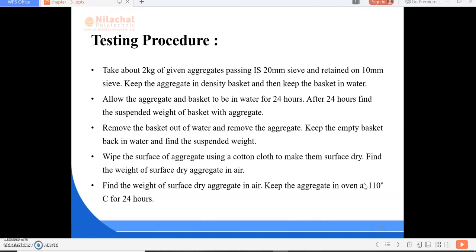Remove the basket out of water and remove the aggregate. Keep the empty basket back in water and find the suspended weight. Wipe the surface of aggregate using a cotton cloth to make them surface dry. Find the weight of surface dry aggregate in air. Keep the aggregate in an oven at 110 degrees centigrade for 24 hours.